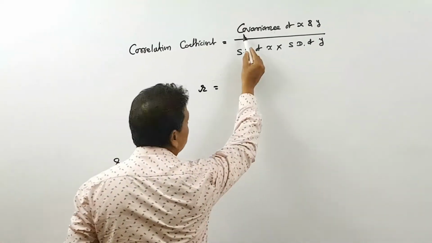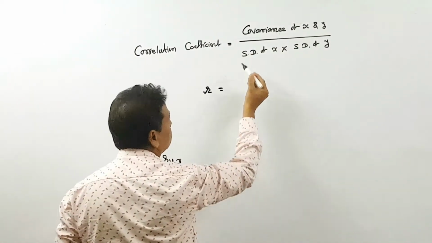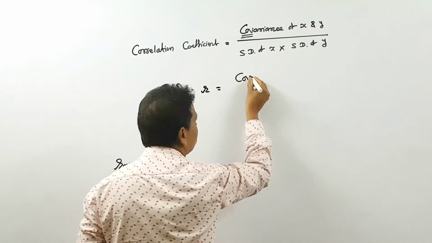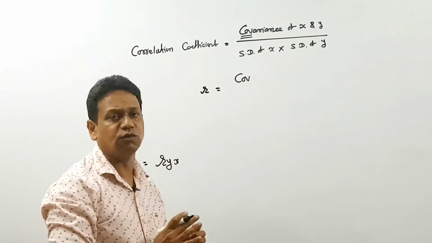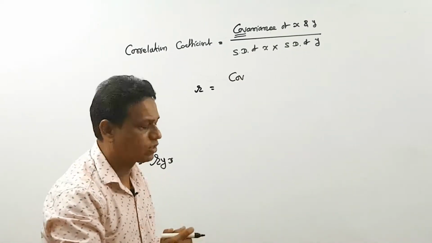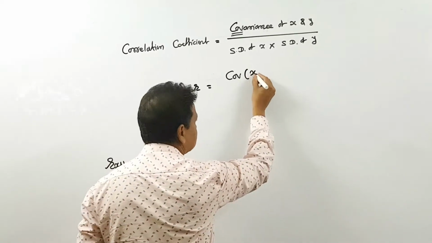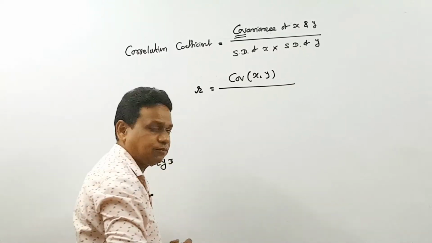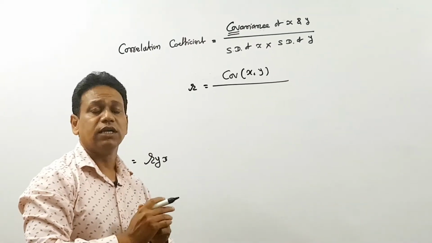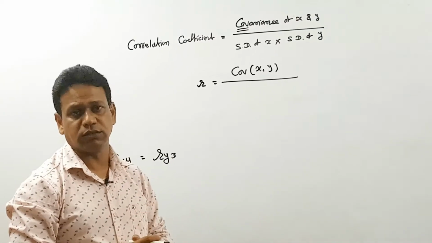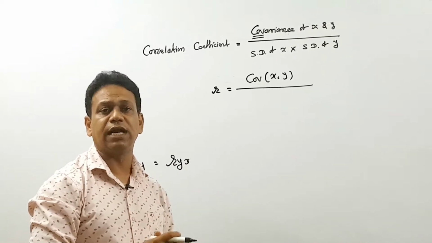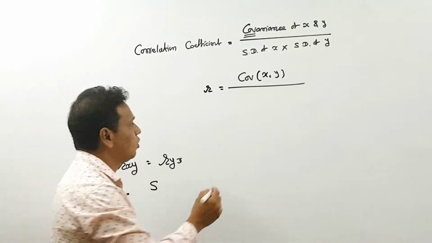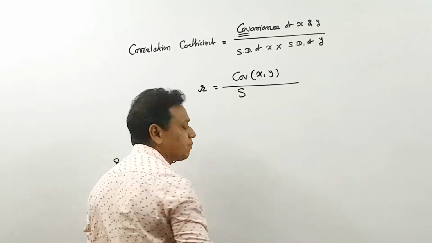So for the covariance of x and y, I would like to use the first three letters of the spelling, COV, but it is read out as covariance of xy. Inside the bracket I mention xy. My dear friends, in standard 11 we learned how to represent standard deviation. It is called s, so I use s.